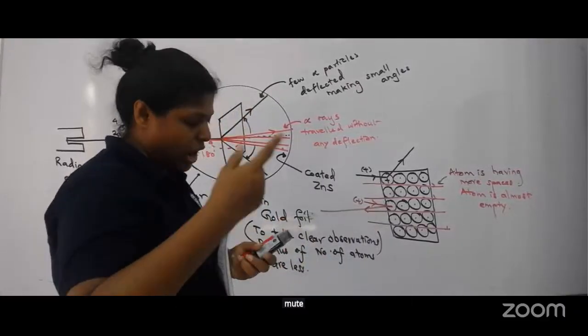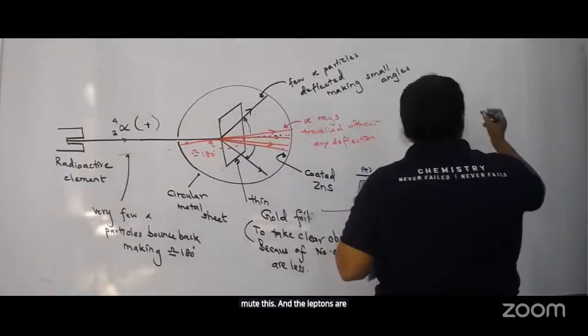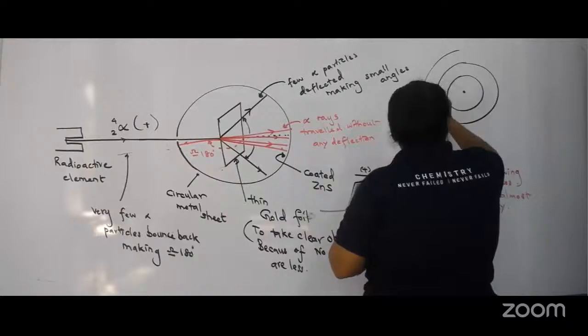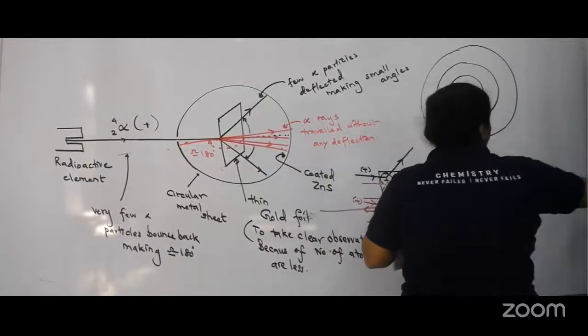And the electrons are always rotating around the nucleus.